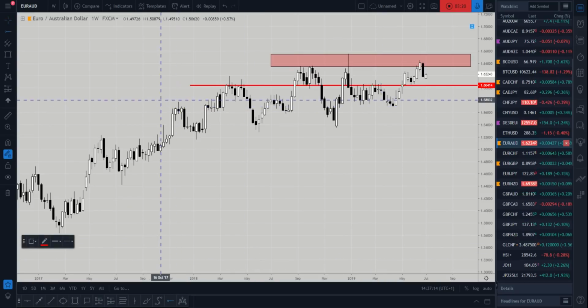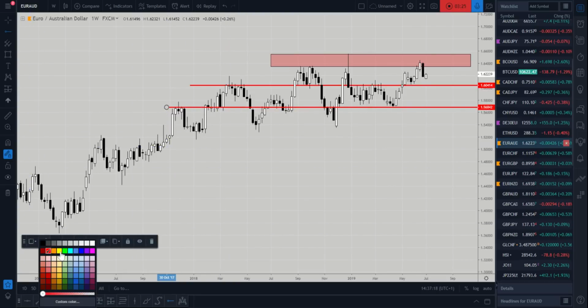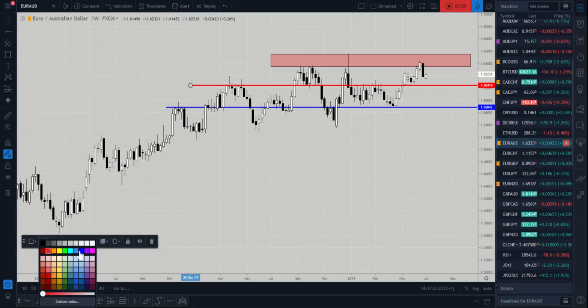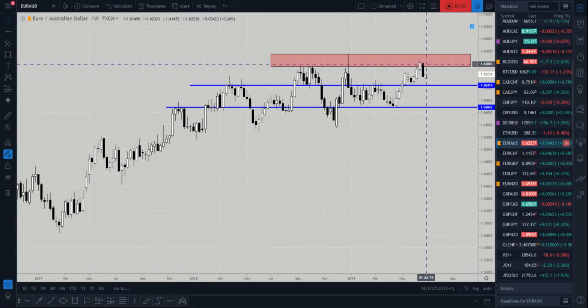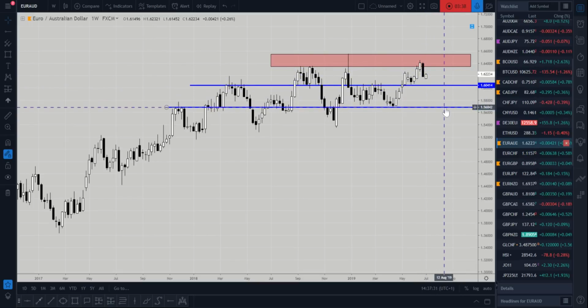So if I plot those now, you can see what I'm looking at. To me this market is going to potentially fall back down into 1.6. If we break below 1.6, then I could see the market coming down into the 1.57 area.